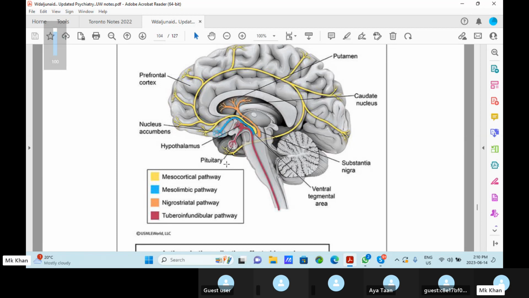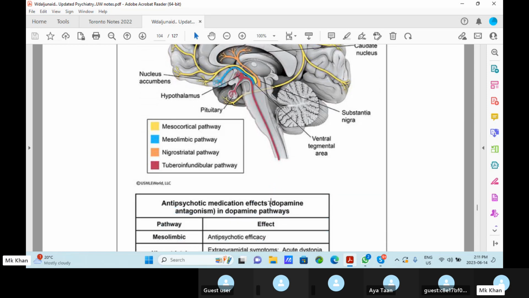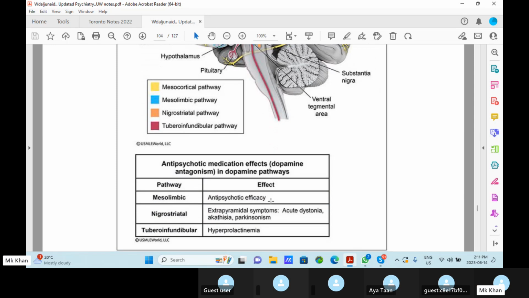This one is the mesocortical pathway, the yellow one, the mesolimbic pathway is the blue one, and then nigrostriatal, and then tubulo-infundibular. We will see what their effects and side effects are. In the question stem they usually ask about this sort of stuff indirectly.